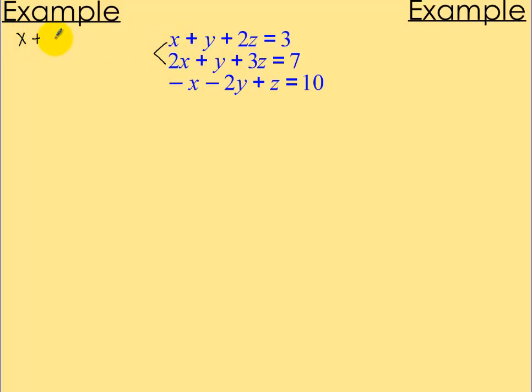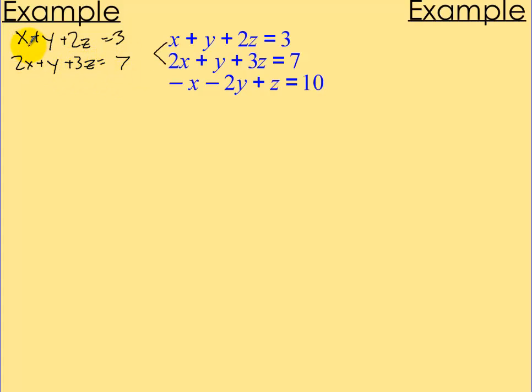So x plus y plus 2z equals 3. And then 2x plus y plus 3z equals 7.